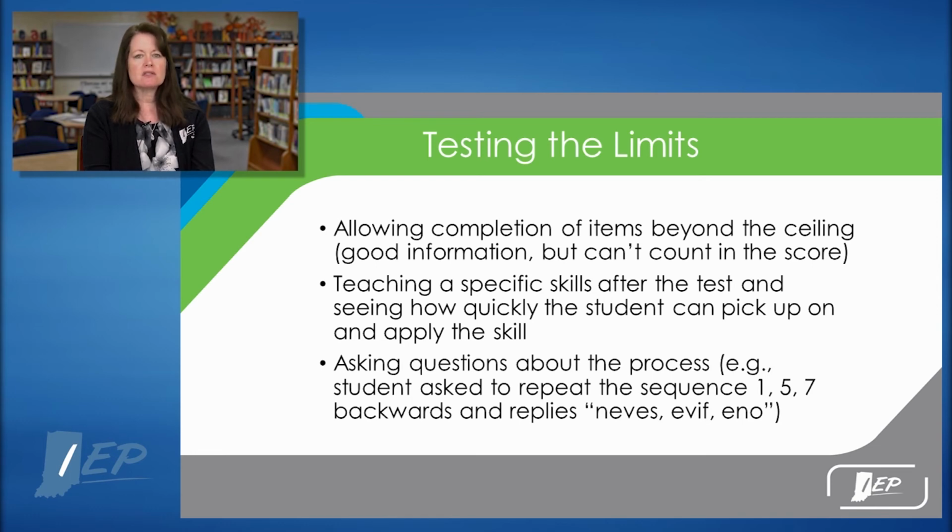It certainly tells us a lot about a student. If we can teach them something super quickly, they can absorb it and they can apply it, then it may just be that they learned a process wrong, and that although my score may be low, maybe it's not a disability in that area. Again, we're looking at all the available information, and sometimes testing the limits can give us additional information to include in our report.